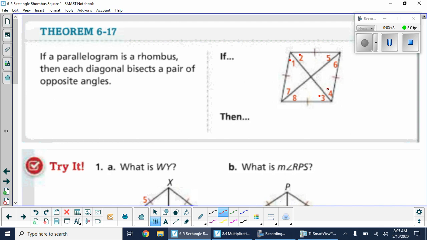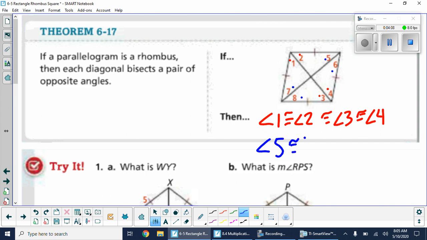And then since the big angle across from each other is equal to each other, this angle here is equal to this angle here, then angle 1 is congruent to angle 2, which is congruent to angle 3, which is congruent to angle 4. All right, and then likewise, these angles here are all going to be equal. So angle 5 is congruent to angle 6, and that's congruent to angle 7, which is also congruent to angle 8.